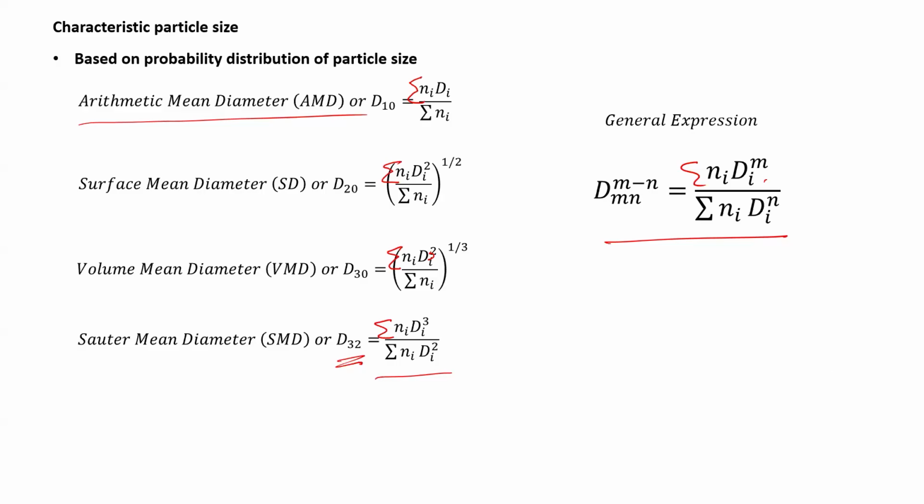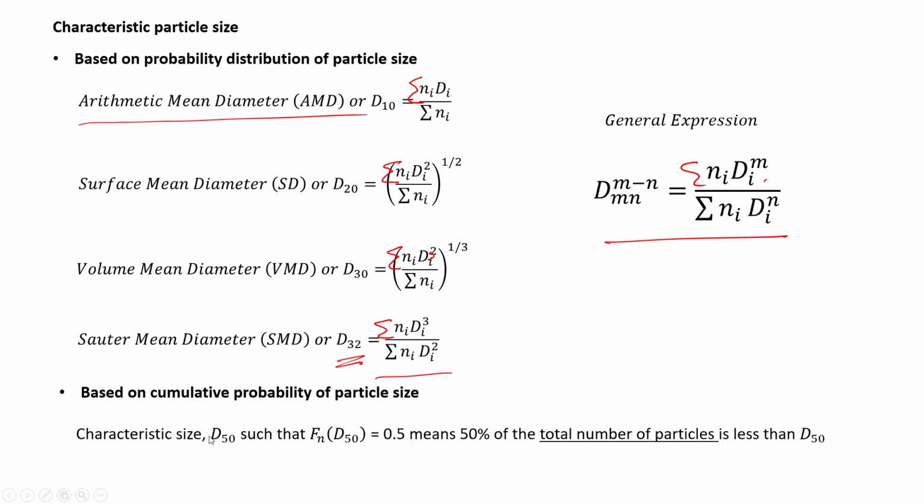Now, the second way is based on the cumulative probability of particle size that I just discussed before. We can define a characteristic size, say D50, below which 50% of the total number of particles exists. This is based on cumulative number probability.